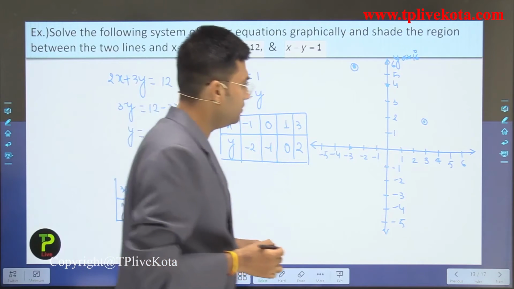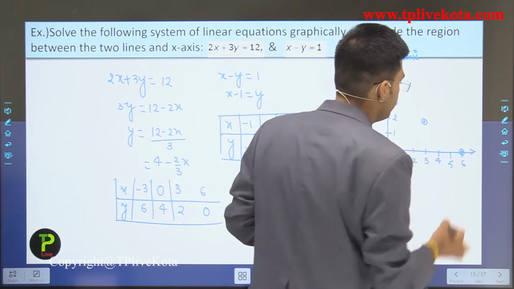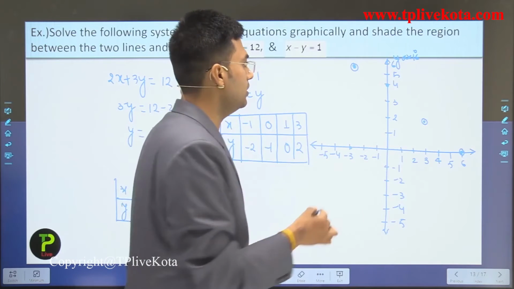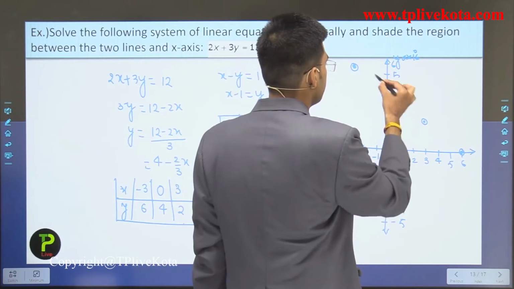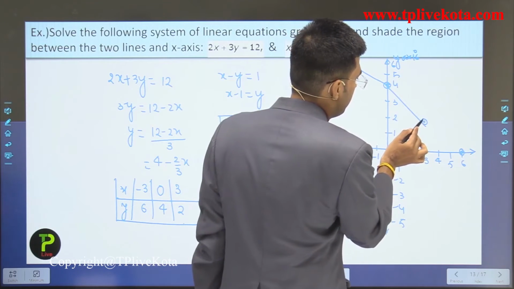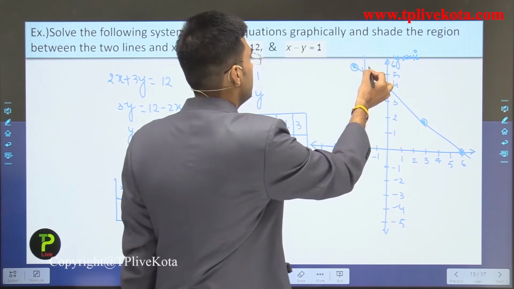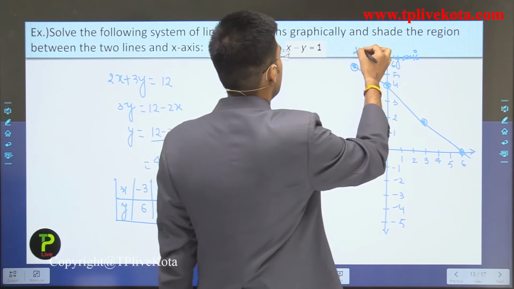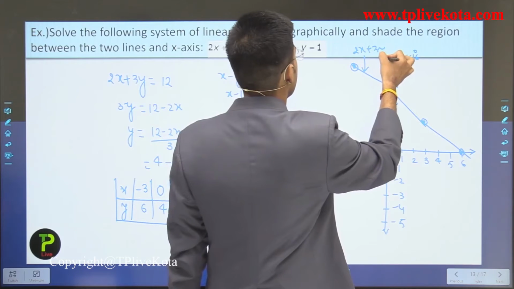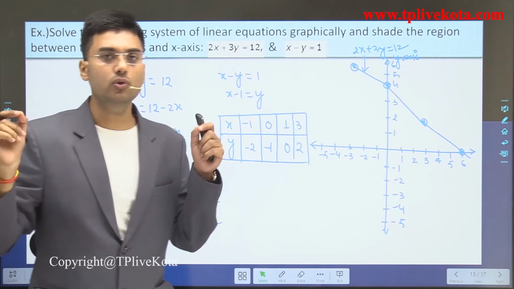Then 6 comma 0. Clear? Now let's join all these points. Okay, so this is the line for 2x plus 3y equals 12.